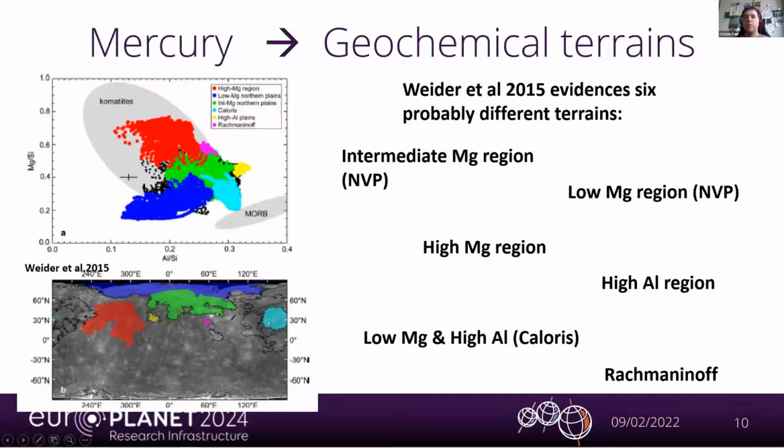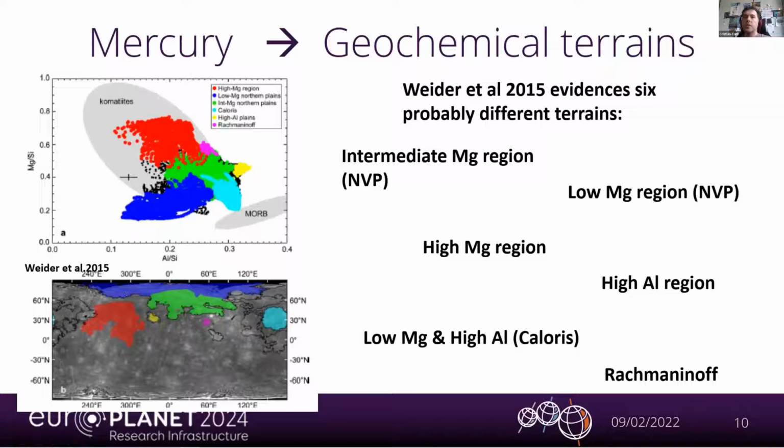But clearly it was possible to separate, as already called before, a high magnesium region, where substantially we have higher values of magnesium on the planet, and which often corresponds with higher values of sulfur and calcium. Then we have the northern plains, which were clearly distinct from the rest from a morphological point of view, but even from some compositional information it's possible to separate them from the surrounding terrains.